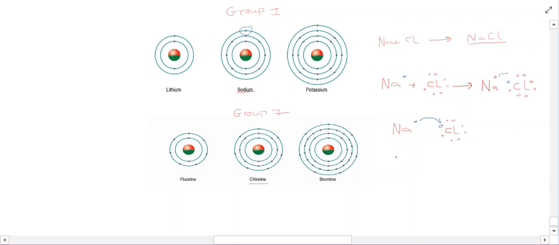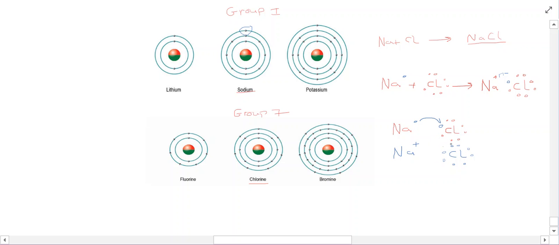So it will pull this electron off, and this electron will form part of chlorine. So you end up with Na, and because now you have more positive charge than negative charge, this is going to become a positively charged ion. And with chlorine, because it has gained this electron, it now has 8 electrons. So it has one more negative charge than it has positive charge, so it becomes negatively charged.